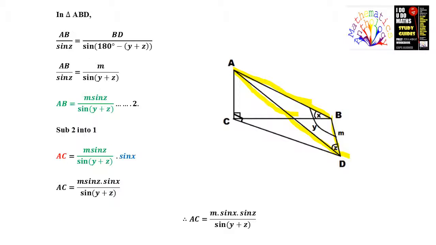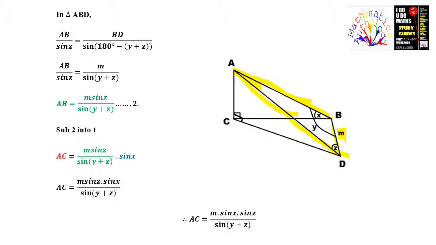So I'm going to look at whether I can use a sine rule here. Remember, for the sine rule, you need an opposite side and angle, a pair. So if I look at side AB, the opposite, I don't have side AB, so I can't really use that. If I look at side AD, I don't have anything for AD, but if I look at side BD, I can use side BD because I have a value, and that's M. Now the angle opposite BD is A here.